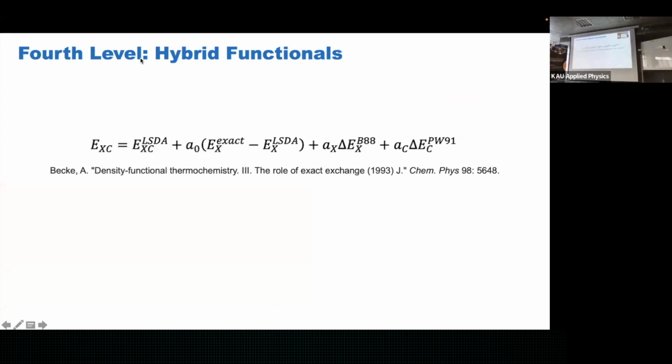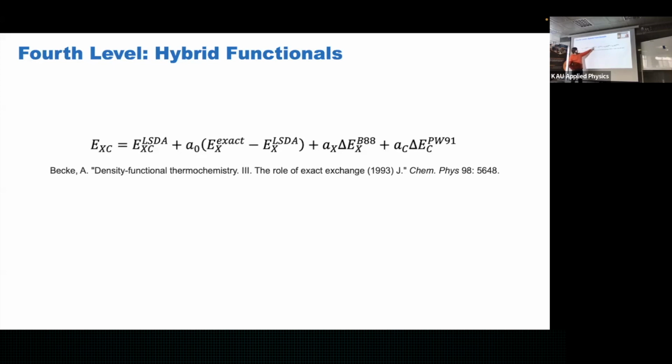Okay, and what about hybrid functionals? Our last level for today. A hybrid functional is some kind of mutant. Here is an exchange correlation energy proposed by Becke in 1993, and it consists of LDA exchange correlation plus some empirical parameter, we don't know it.